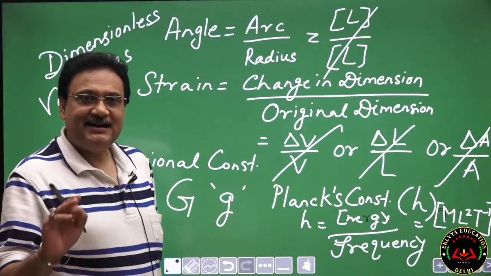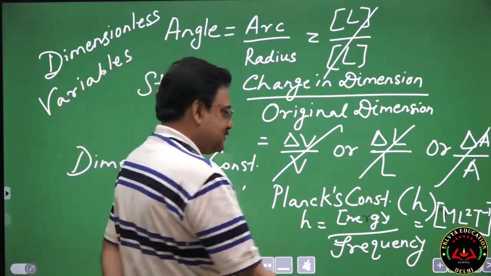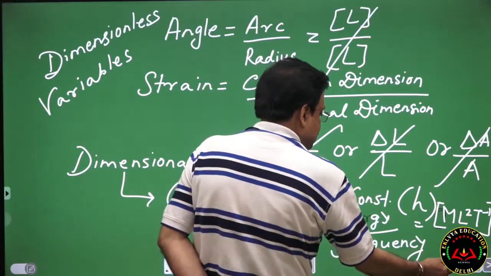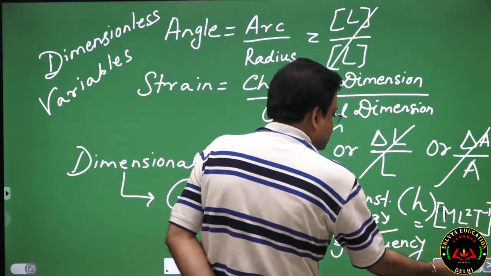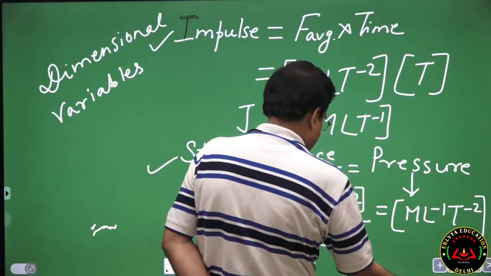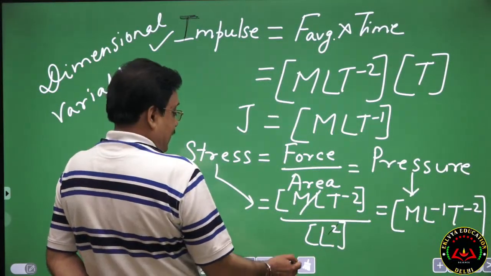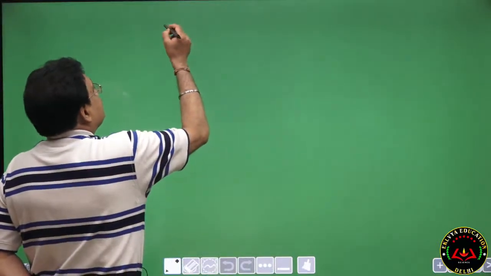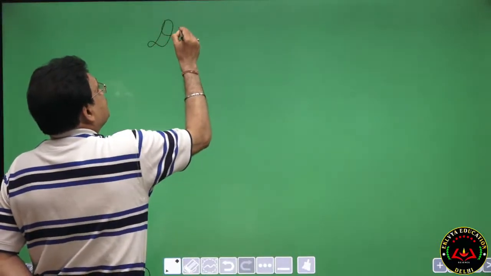We'll have dimensionless constants. Now, what is this dimensionless constant we have? Now, that is one thing which we have to do. So, see, dimensionless constant के लिए भी we can do.